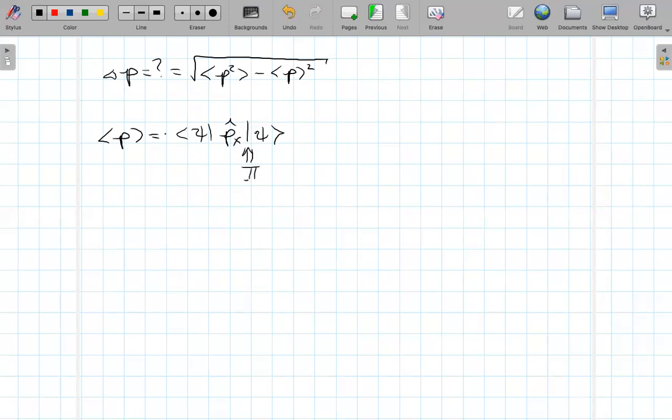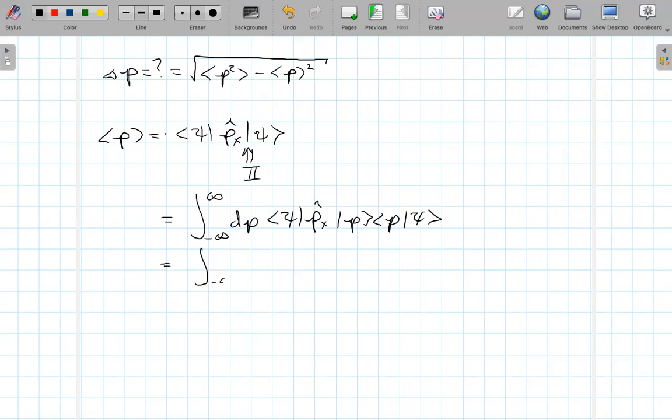Again, all I'm going to do is insert an identity here, where I'm going to use momentum space instead of position space. So this is going to become equal to the integral from minus infinity to infinity of dp of psi px hat p psi. Again, we know this acting onto it is simply going to give me a p, the momentum. So I have the integral from minus infinity to infinity dp p, and then I get the inner product between psi p and psi.